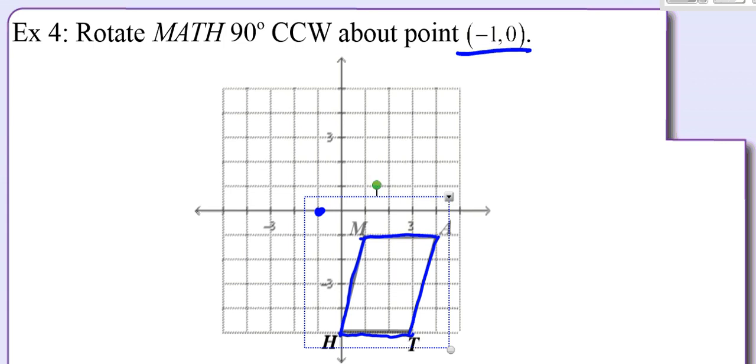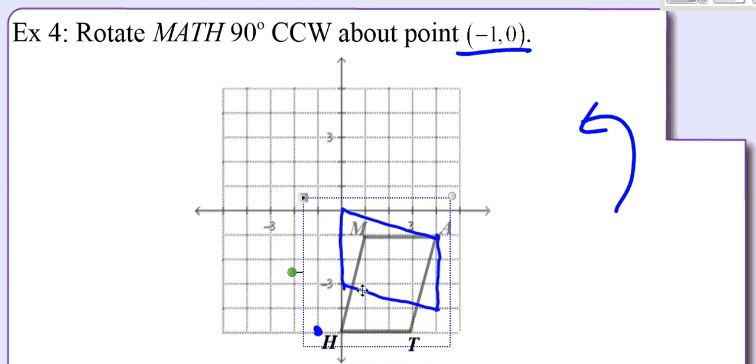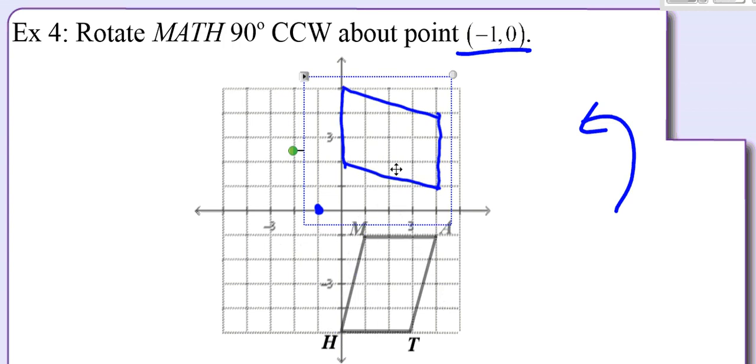So 90 counterclockwise, that's that direction. Turn it 90. And I just have to move my point back where it's supposed to go. It's a little bit easier with paper for you to trace it out and hold that point still with your pencil.